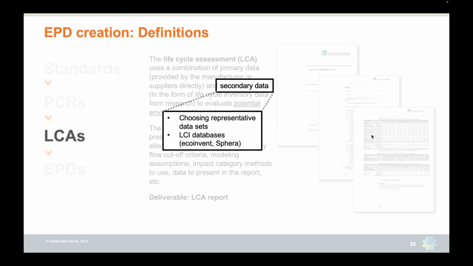With that data within the LCA modeling software, the data sets are chosen that best represent all of those materials and activities. So that data gets pulled from lifecycle inventory databases like EcoInvent and Sphera, who have detailed information about how those different materials and processes affect the environment, down to region-specific and technology-specific data sets.